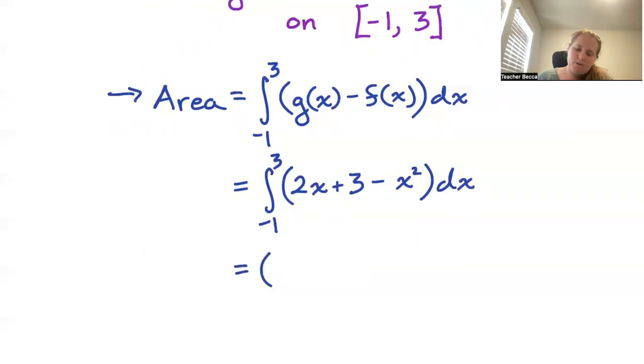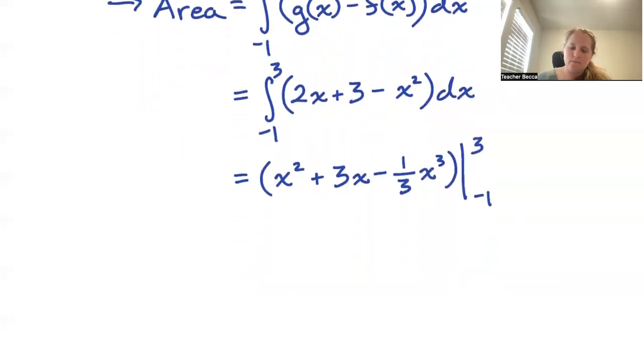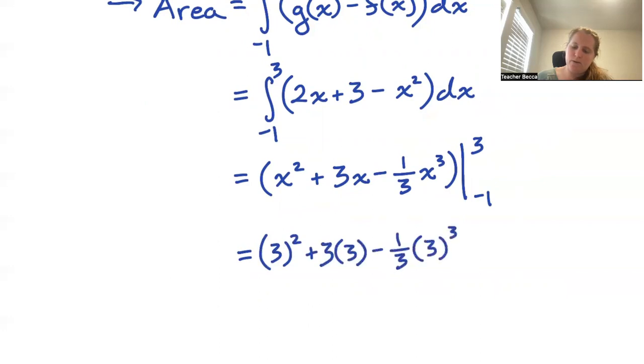This becomes x squared plus 3x minus 1/3 x cubed, evaluated at -1 and 3. So we have 3 squared plus 3 times 3 minus 1/3 times 3 cubed.